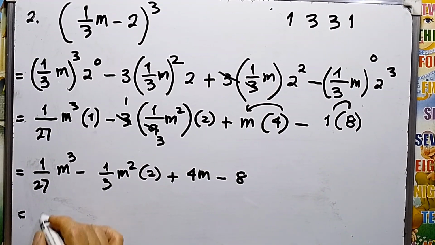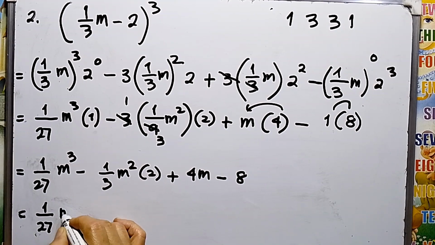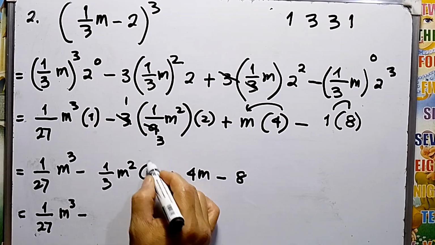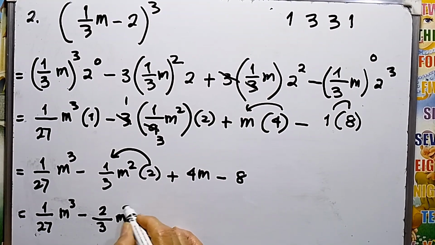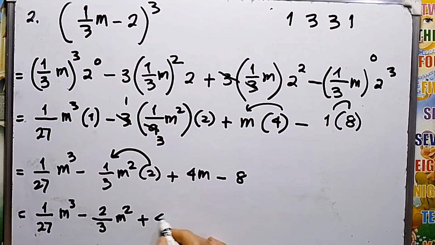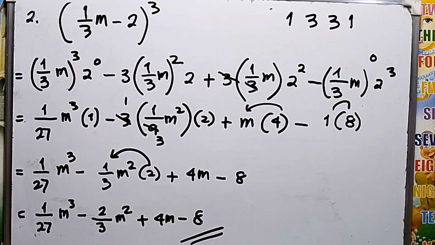Okay, so the final answer will be 1 over 27 m cubed minus 2 over 3 m squared plus 4m minus 8. That's the answer for number 2, and that's all.